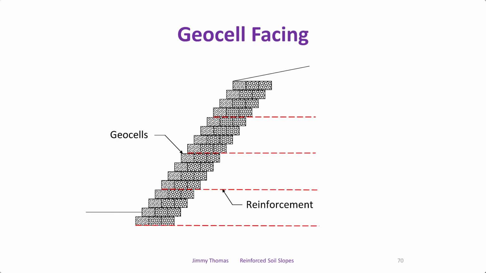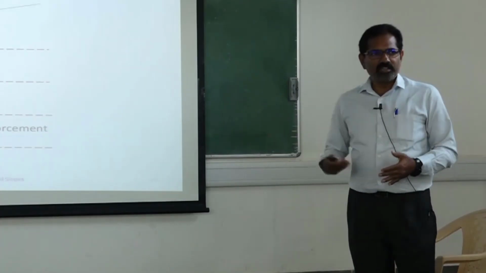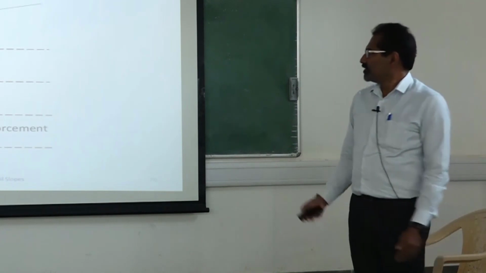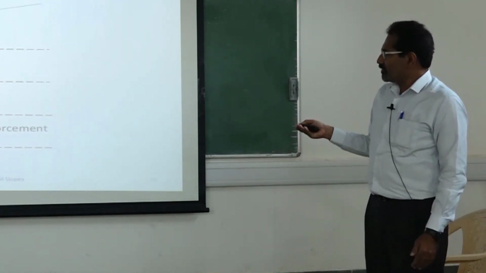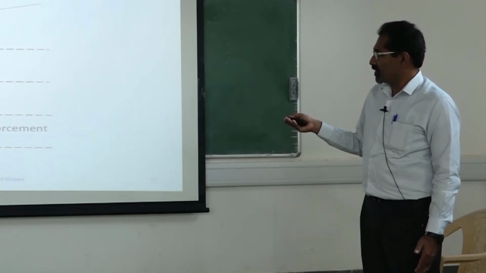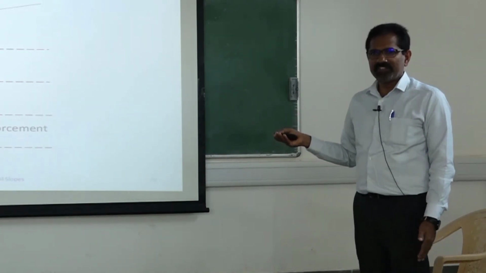Here the inner cells, we can fill with aggregate or sand. So that helps in drainage. The outermost cell, we can fill with topsoil. It can support the vegetation. Or if it is even a riverbank protection, we can fill it with gravel or even concrete. So it's a very versatile material.